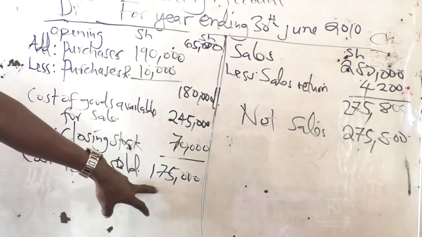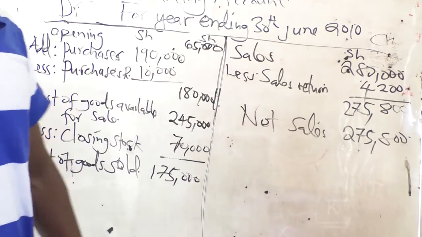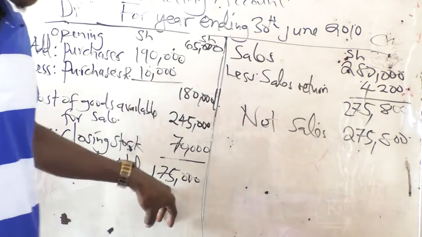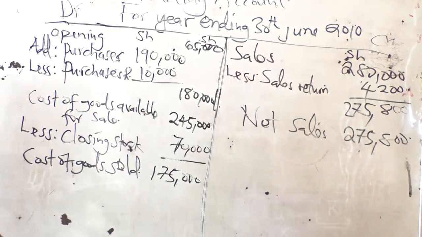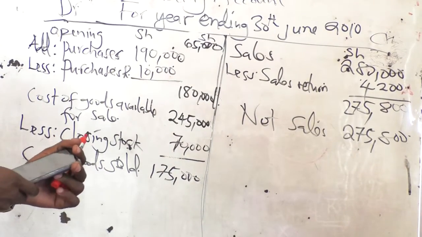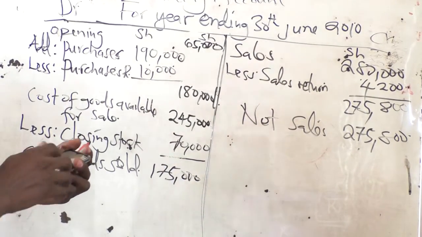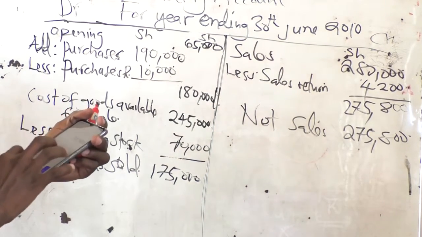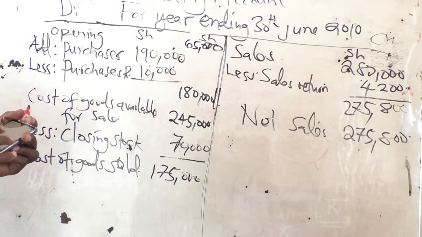So this is the cost of goods sold, this is the net sale. So we need the gross profit. The gross profit we are just going to subtract. We are going to subtract this cost of goods sold from the net sale, so that we are able to get a gross profit. So gross profit is going to be 275,800, subtract 175.